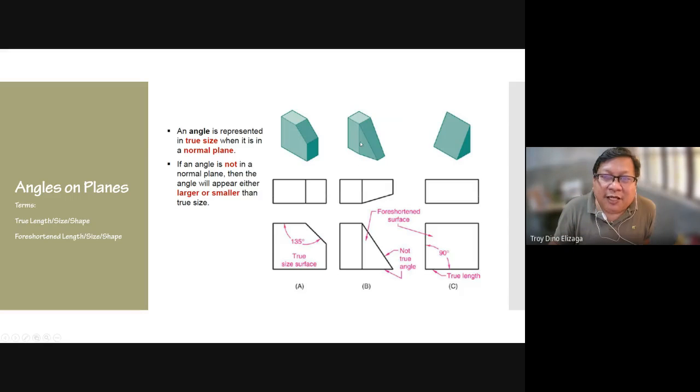For example, this edge is parallel to the front plane, so you can measure this, this is true length. This one, since it's at an angle, is not true length. And this one also, since it is angled, is the same, so they're not true length, they're foreshortened length. And the whole surface does not show the true shape.